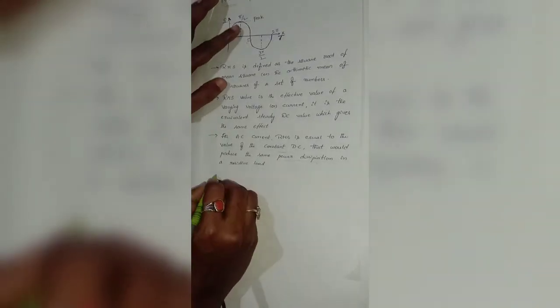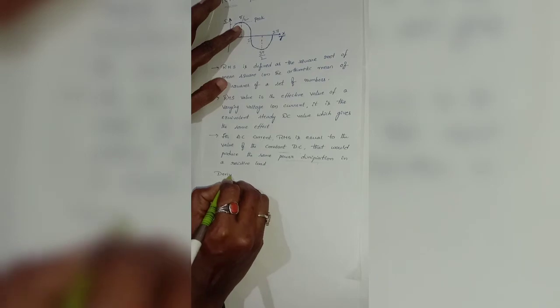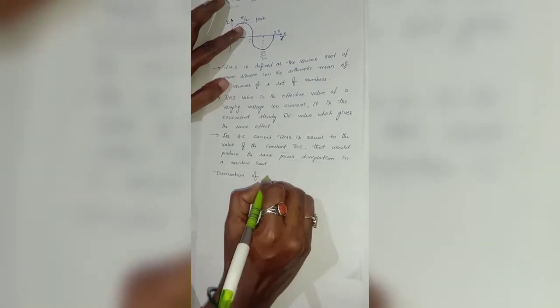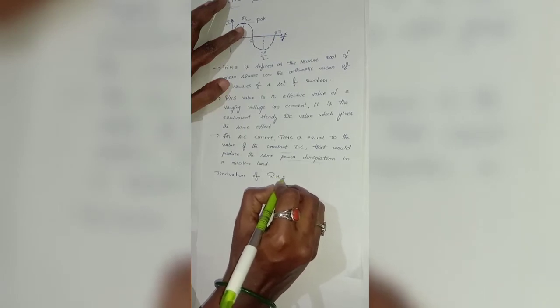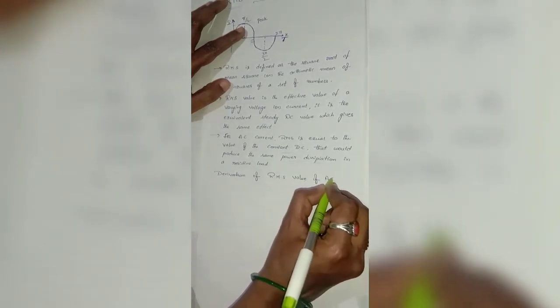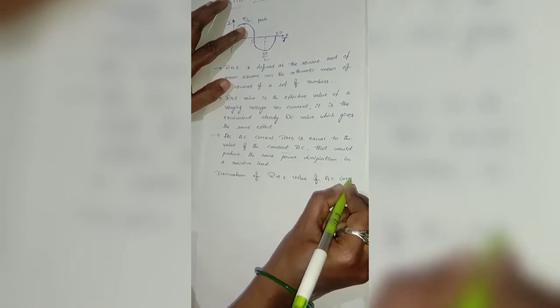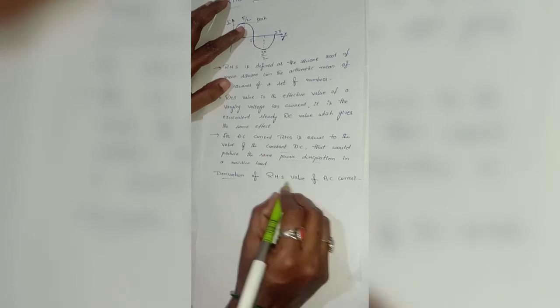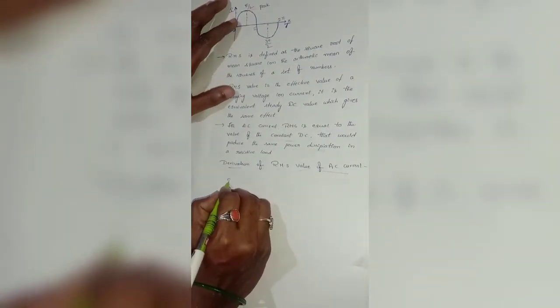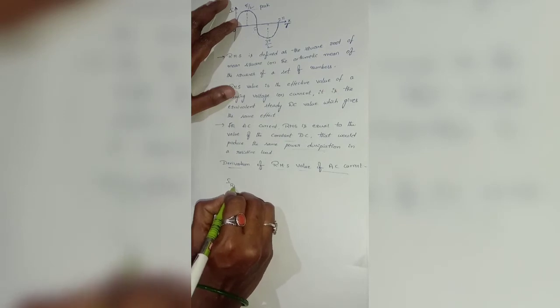Next, coming to the derivation of the RMS value of AC current. Here we take IRMS square.